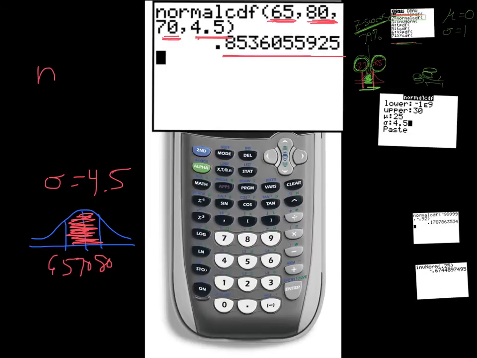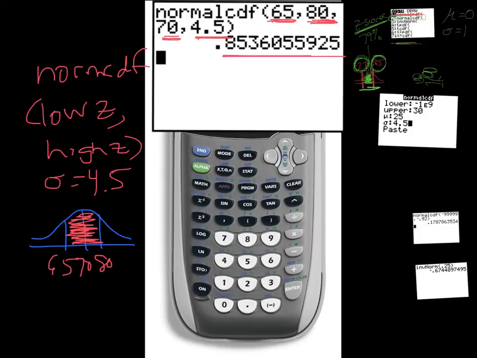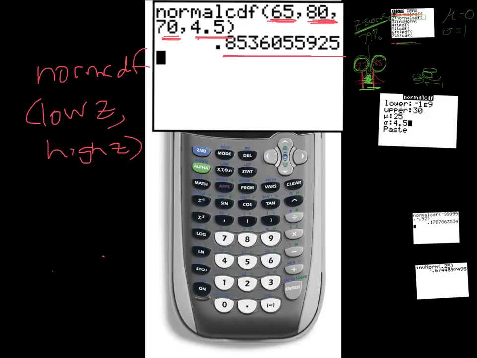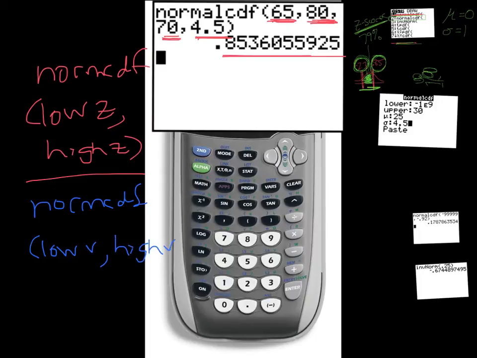So in normal CDF, it's always a C, you type in low Z, comma high Z, or, if you don't feel like getting the z-scores, which shouldn't be that much of an issue for you, but that's okay, then you type in to normal CDF, low value, high value, comma, mean, comma, standard deviation.